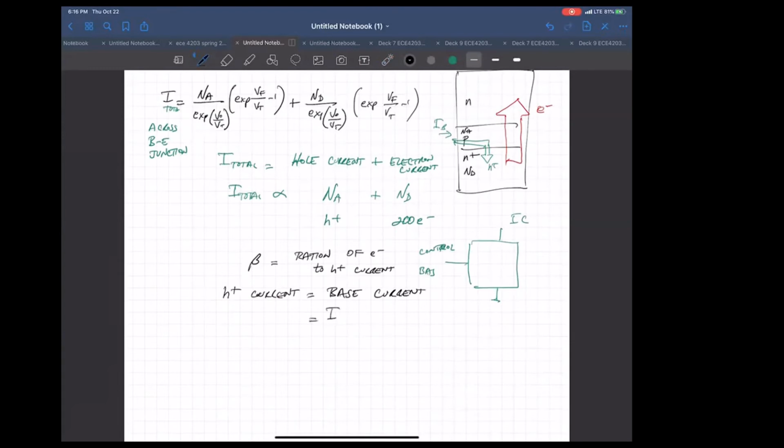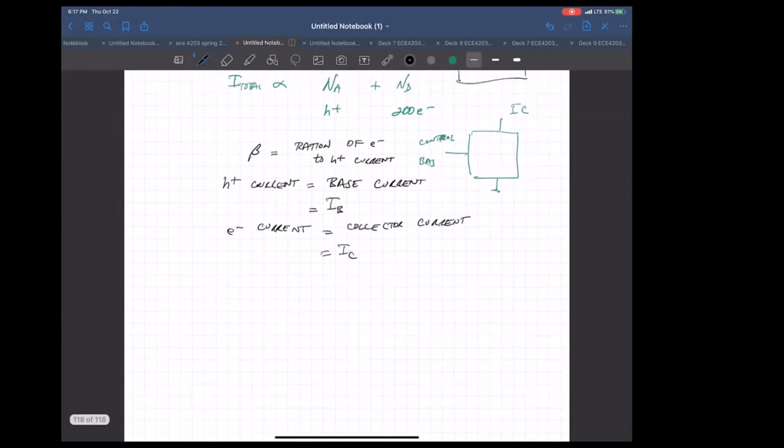So I call that I sub B. And the electron current is the collector current, equal to I sub C. So another way to write this beta is by saying I sub C is equal to beta I sub B.